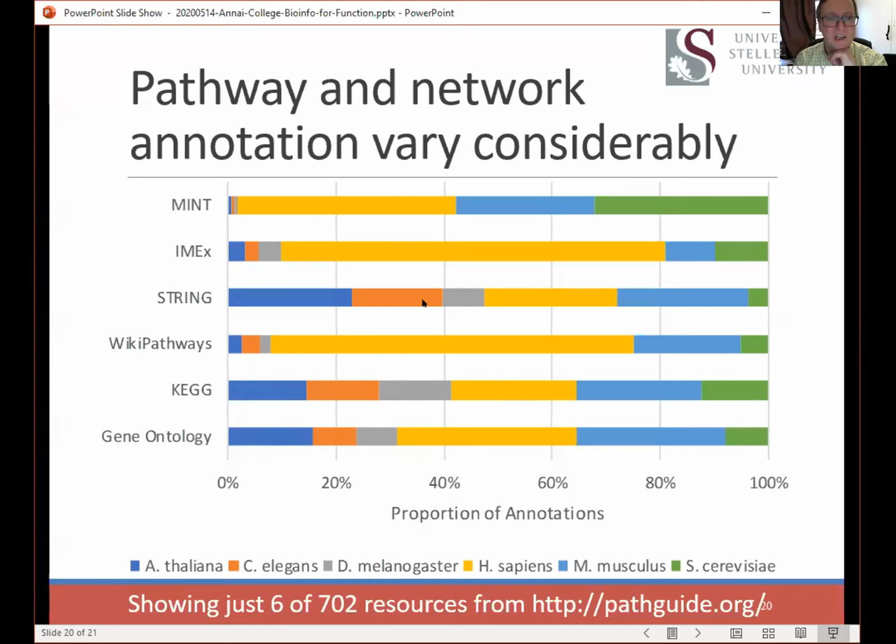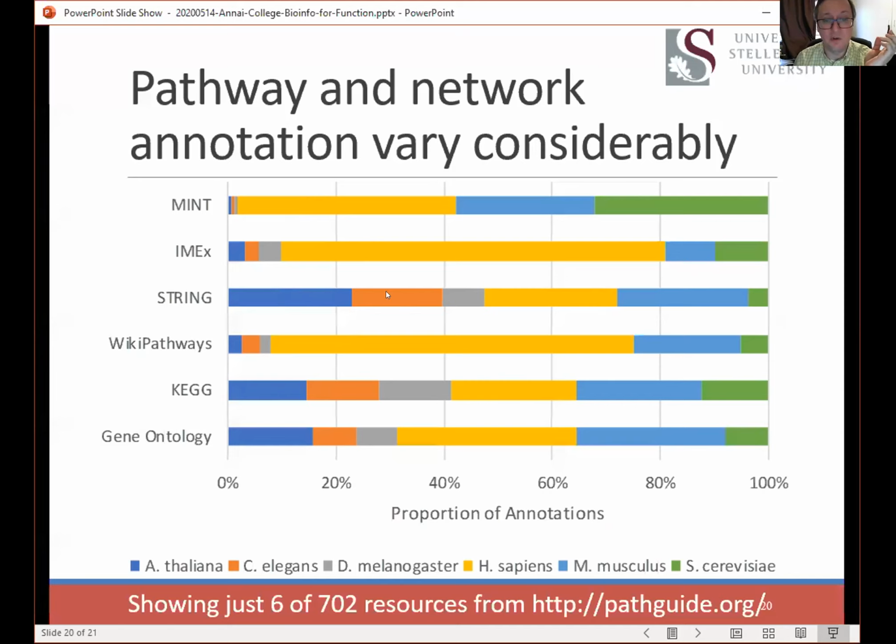But look at what we see with MINT and with IMEX and with WikiPathways. What bar dominates those 3? Human. These 3 databases are brilliant if you're working in clinical pathways or clinical biological networks. But if you are trying to look at Arabidopsis thaliana with those databases, you're not going to find very much in any of those 3.